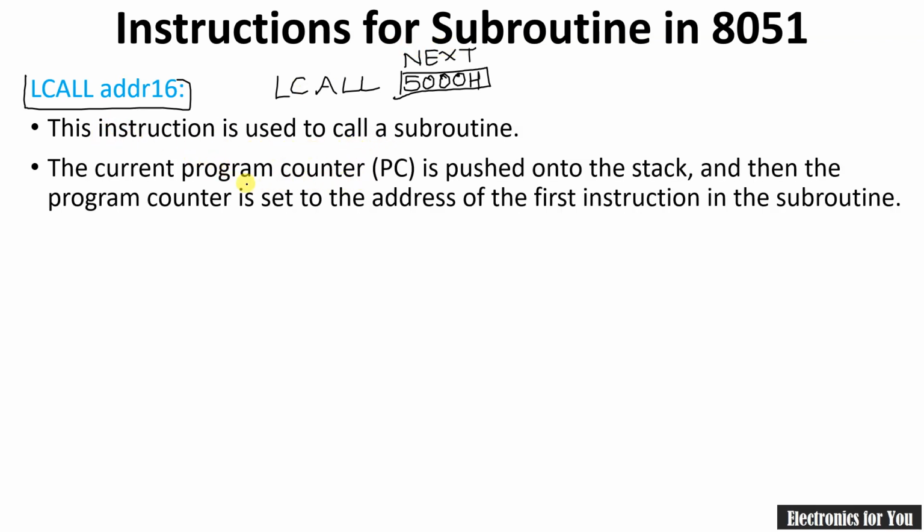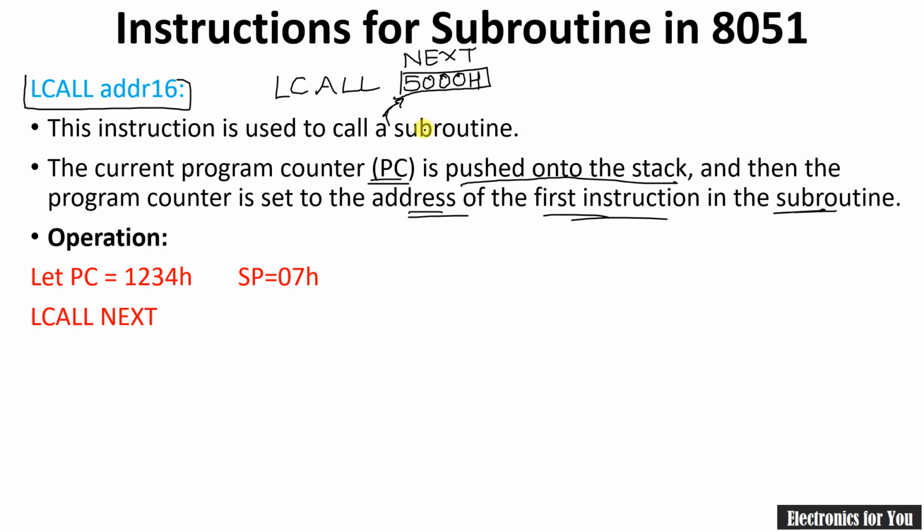The current program counter, PC (I will use PC in my subsequent slides also), is pushed onto the stack, and then the program counter is set to the address of the first instruction in the subroutine. For example, if LCALL 5000 is there, the program counter will move to the 5000H memory location.